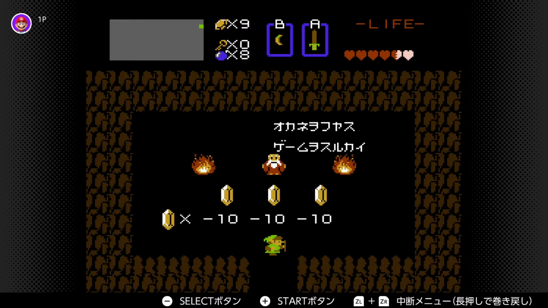Here the old man says, Okane o fuyasu game o suru kai. Okane, again, o object particle, okane, as we have seen, money, fuyasu, to increase.